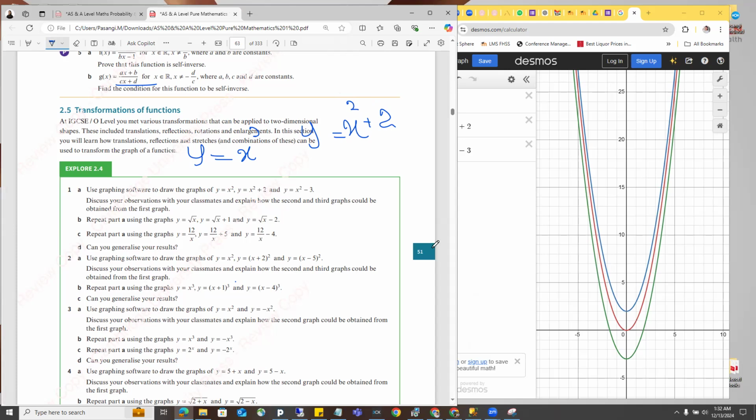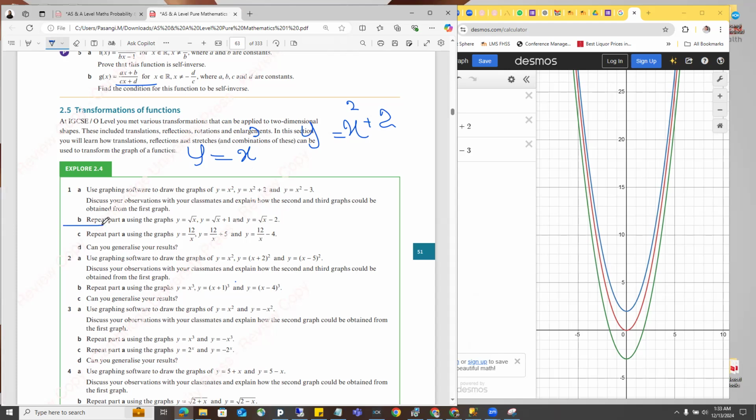That is the vertical translation. Then for the last one, y equals x squared minus 3, it has gone down by 3 units. See, the y values have changed. That would be the discussion.